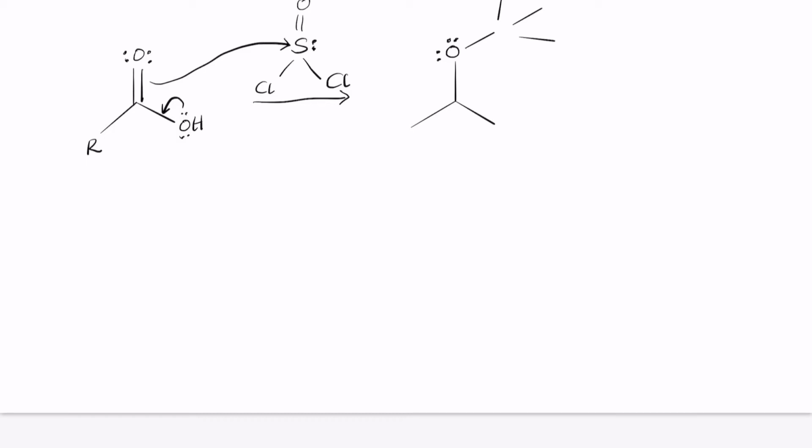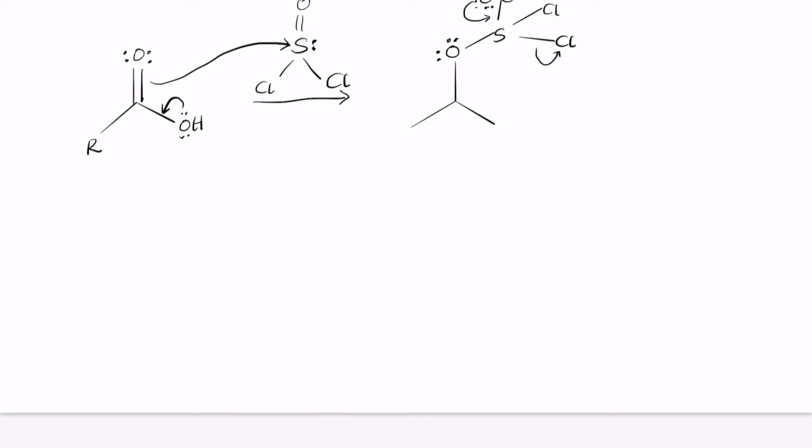Now when it attacks the sulfur, it attaches itself, and you have oxygen, chlorine, chlorine. This oxygen, when it attacks, gains the electron pair and becomes negatively charged. So this oxygen now gives an electron pair here, and the sulfur will release one of the chlorines.